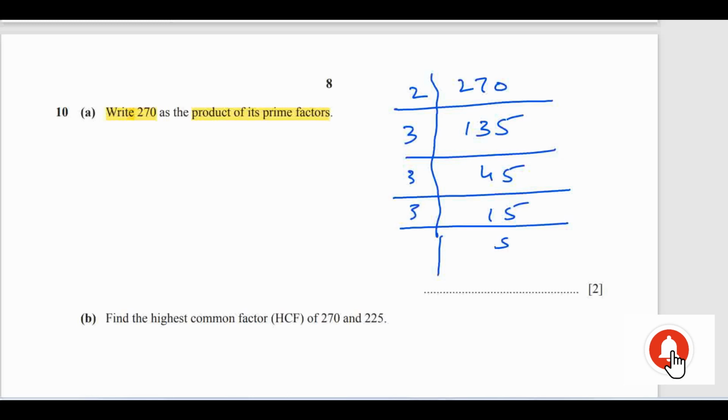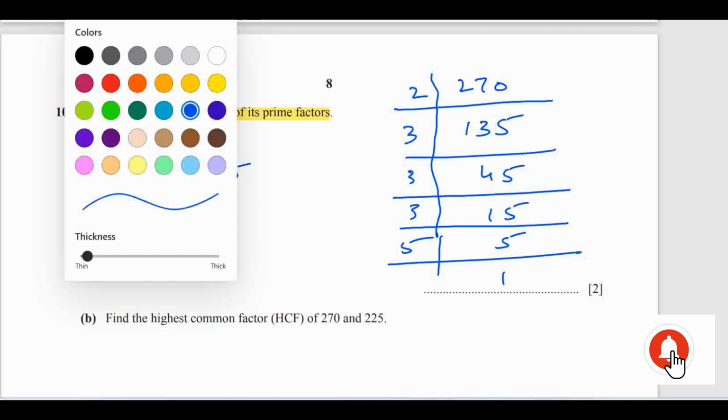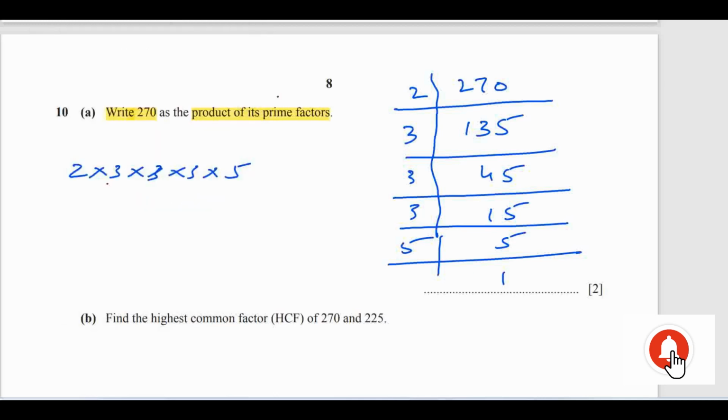So 3 5s are 15, and then 5 1s are 5. So this will be equal to 2 multiplied by 3 multiplied by 3 multiplied by 3 multiplied by 5. Now from here we can write these three 3s as 3 cubed multiplied by 5. So this will be the final answer.